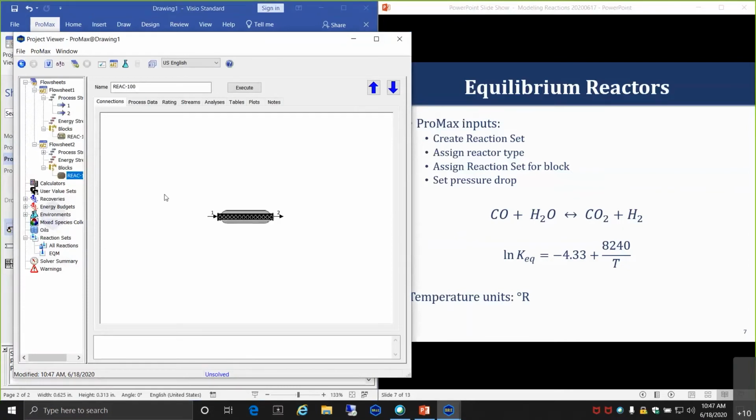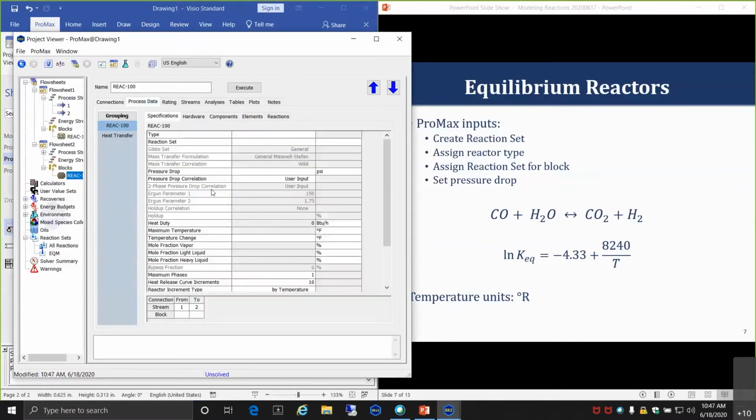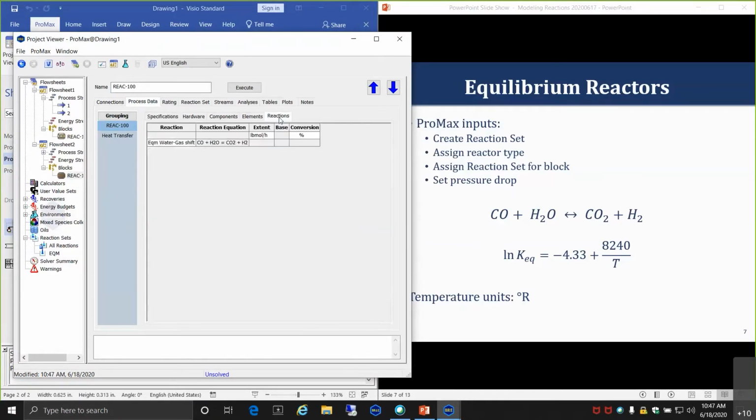All right, so this time our type is not going to be Gibbs minimization, it's going to be equilibrium. What reaction set do we want to use? We're going to use the EQM reaction set. If you come here to the reactions tab now, it will list what reactions are available.